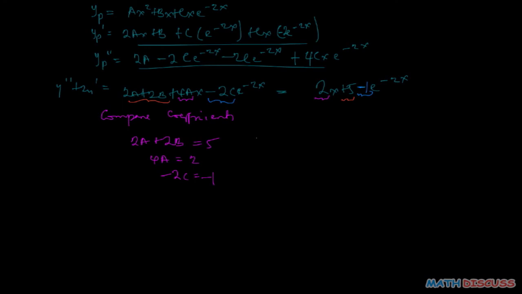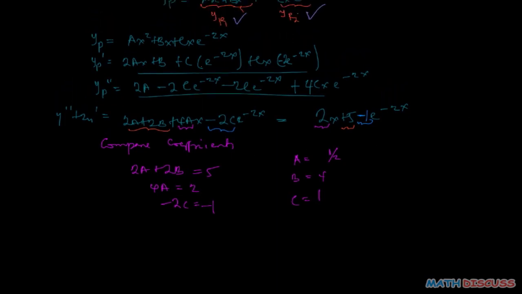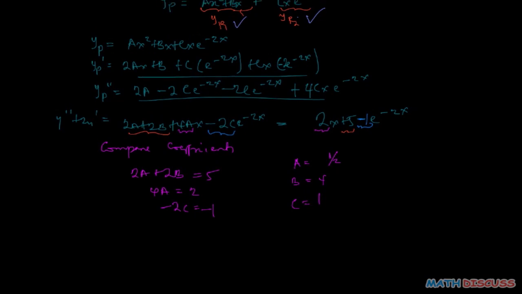Now when you solve this whole thing, you'd have your a to be half, your b to be 4, and then we'll have our c to be 1/2. Now since we have this, our a, b and c to be this, there is one part where most people might make mistakes. You already have different variants of your yp.